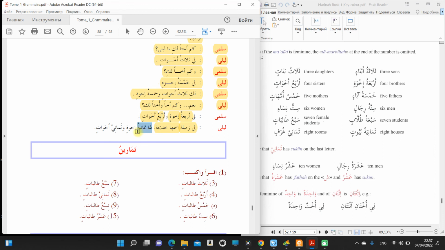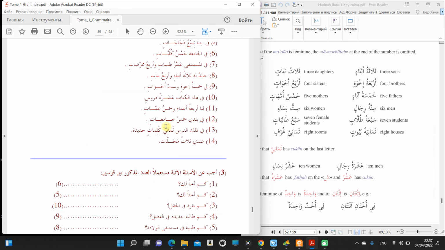Laha thamaniyatu ikhwa wa thamani akhawat. You see thamaniyatu, there is fatha above ya, but here we've got only sukun. Thamaniyatu ikhwa wa thamani akhawat. Yeah, that's how it is.